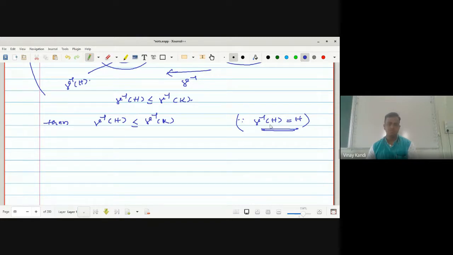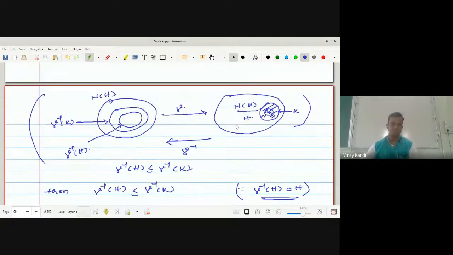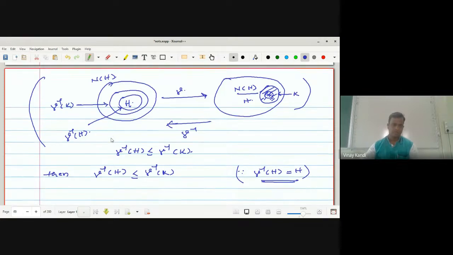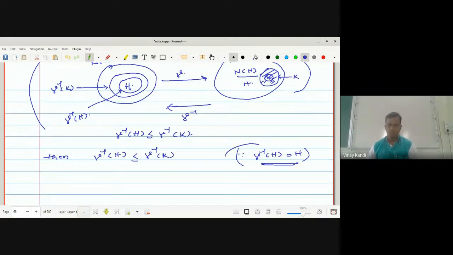Sigma inverse is a subset of normalizer of H and this we call H. I will explain tomorrow how this comes. Okay, sigma inverse of H is equal to H, next lecture.